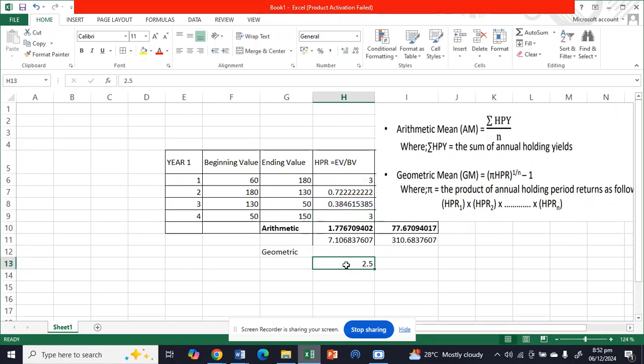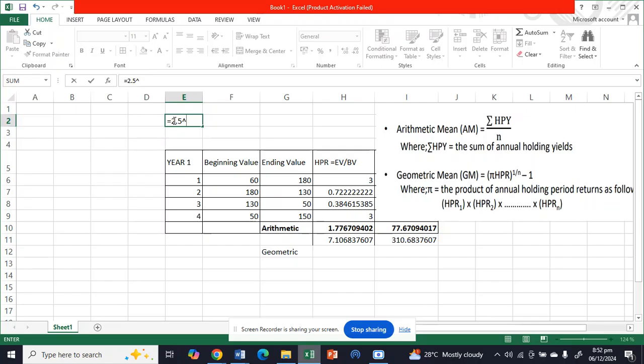So this 2.5, we're going to raise it to the power 1 over 4. So 1 over 4 can be represented as 0.25.